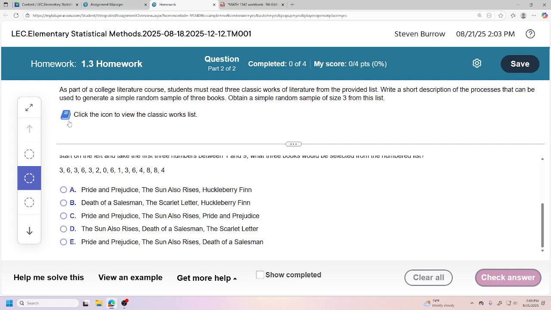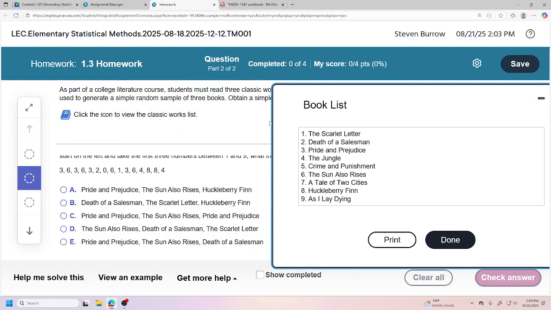Okay. I feel kind of sad because I wanted to do crazy stuff here with you guys. So if we're going down the list here, you see how it says 3, 6, 3, 6, 3, 2, 0, etc. Well, they're saying pick those books in that order. So 3 would be, okay, 6 would be the sun, and then 3 again?